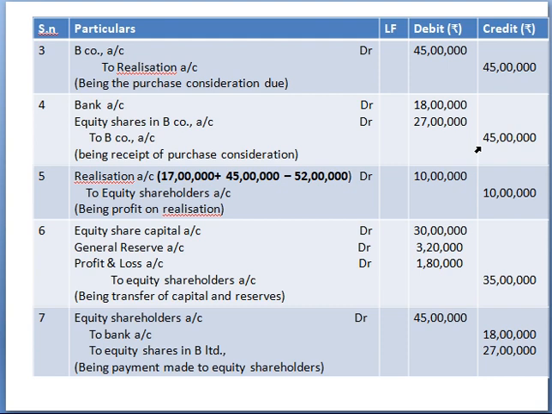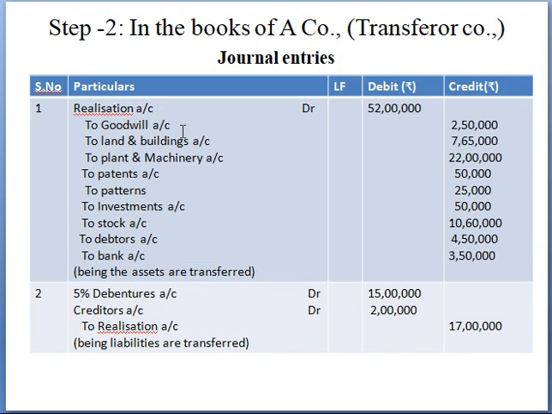So how to calculate the profit or loss? Your realization account comes under the nature of nominal account. So debit all expenses and losses, credit all incomes and gains. When your credit balance shows a higher amount than your debit amount, you get profit. Now check here. Till your four entries only, we can prepare the realization account. See here, your debit balance is 52 lakhs.